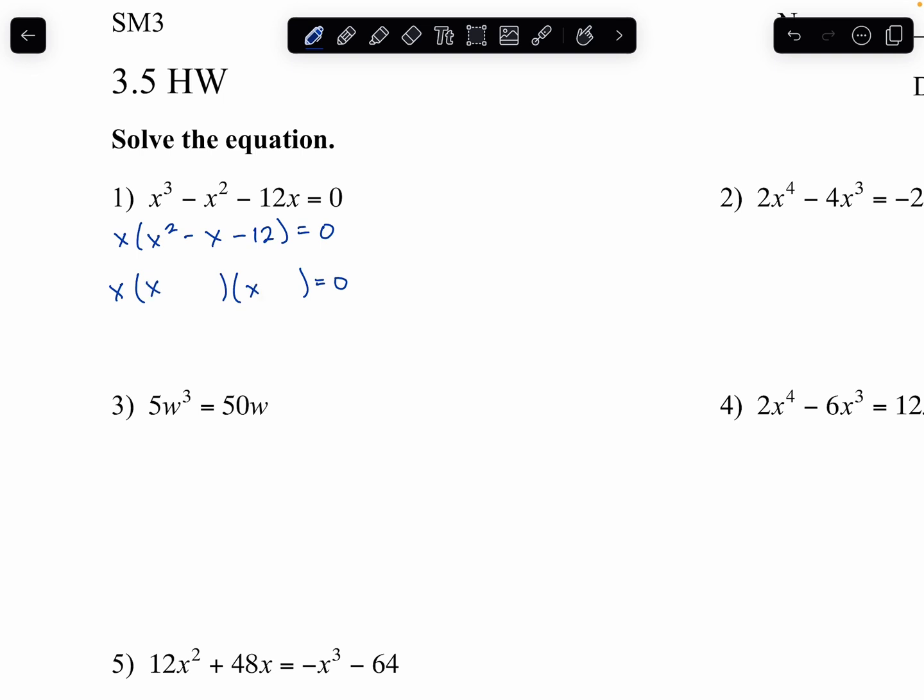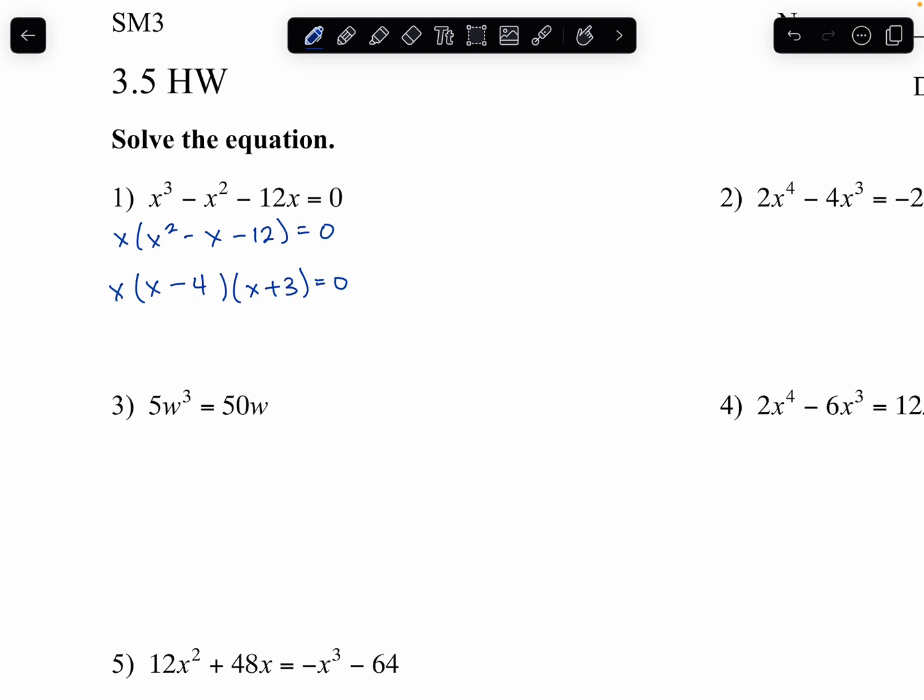First terms have to be x because the first term here is x squared, so those need to multiply to be x squared. And these 2 values need to multiply to be negative 12, but they also need to add to be negative 1. So I think that's going to be negative 4 and positive 3.